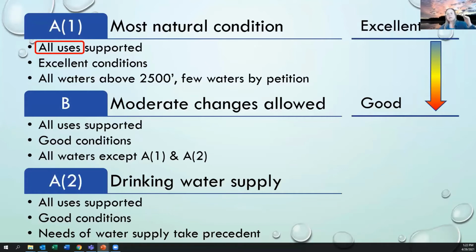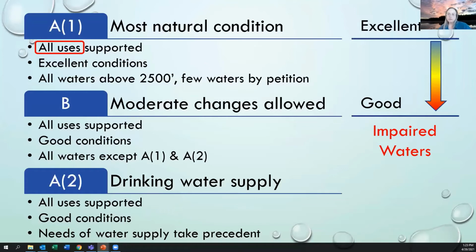So as that excellent condition gets degraded, it can go down to the level of criteria that meets that B water quality standard without any impact to classification. But as soon as it breaks that boundary of the criteria that we have for B, it becomes an impaired water.